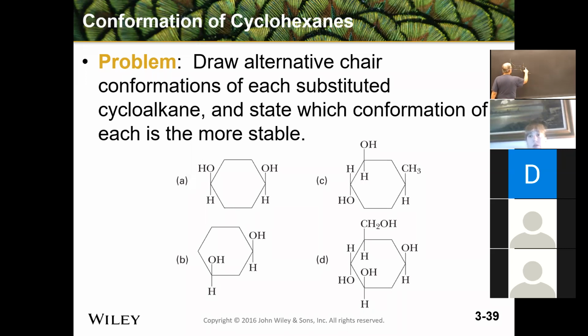This one would be parallel to this bond. The three on the right point to the right for equatorial, the three on the left point to the left. This one needs to be parallel to this one, this one needs to be parallel to this one, and this one is parallel to the second one over.